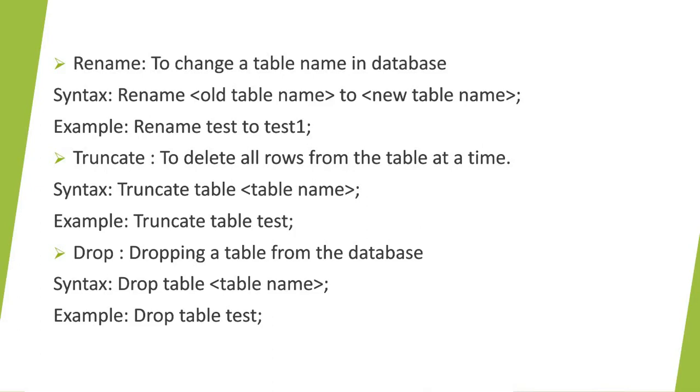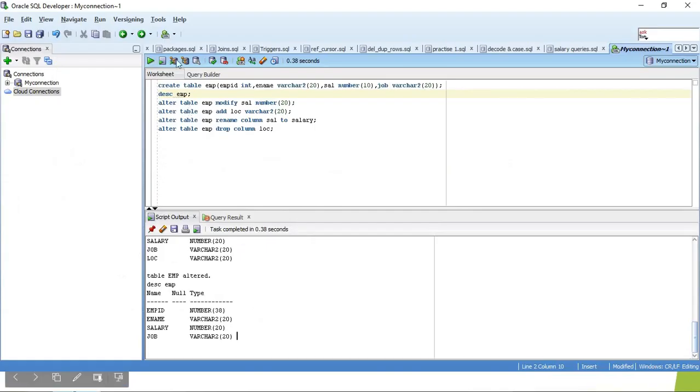The syntax will be, for suppose I want to change the employee table name, I will give rename emp to emp1. I will change emp, rename old table name emp to emp1 I am giving. Control enter.